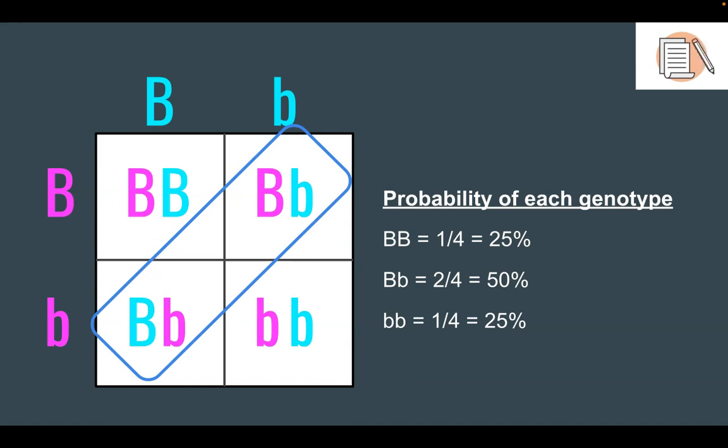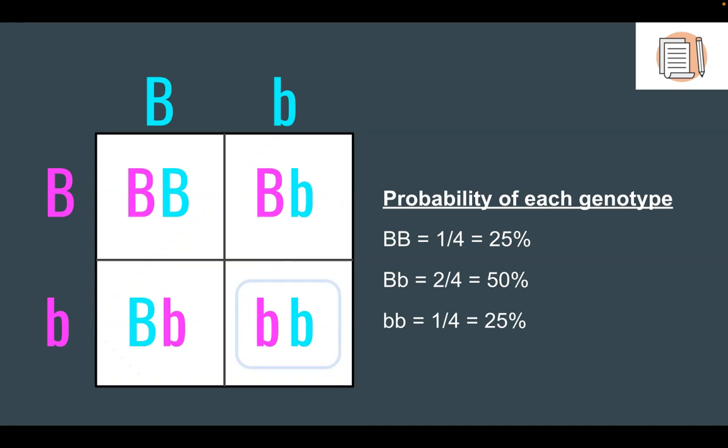On the other hand, there's 2 out of 4 boxes where the offspring would have a dominant recessive genotype. So there's a 50% chance that their offspring would have one dominant and one recessive. And finally, there's 1 box with two recessive alleles, which means that there's a 25% chance that the offspring would have two recessive alleles for that genotype.